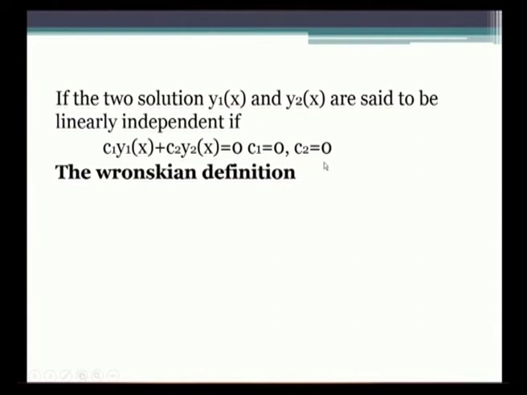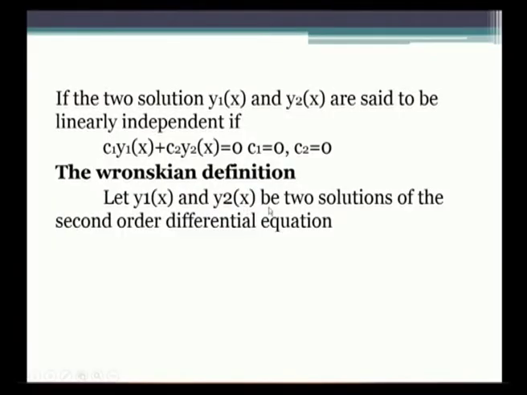For linear dependency, c1 and c2 should not both be 0. For independence, c1 must be equal to 0 and c2 must be equal to 0. This is how the linear independence and dependency of the solutions of a second order homogeneous linear differential equation can be understood.